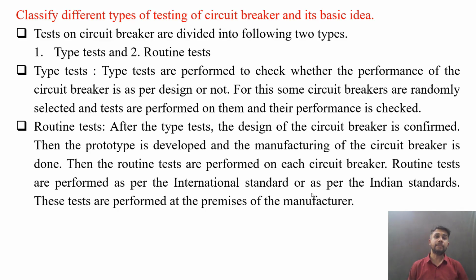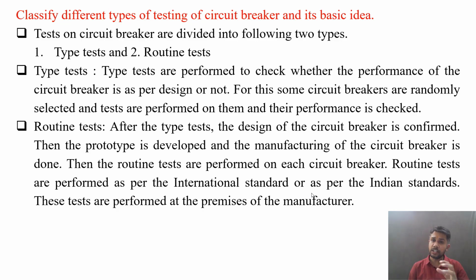Classify different types of testing of circuit breaker and its basic idea. So tests on circuit breakers are divided into following two types. One is type test and two is the routine test. So these type tests are performed to check whether the performance of the circuit breaker is as per design or not.